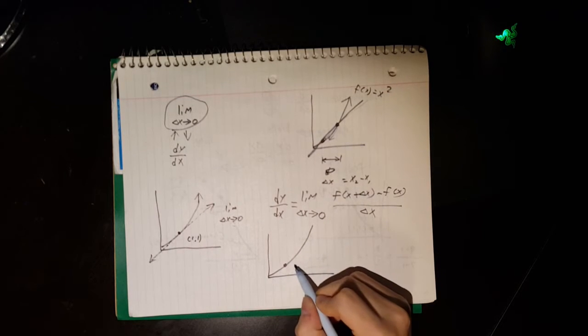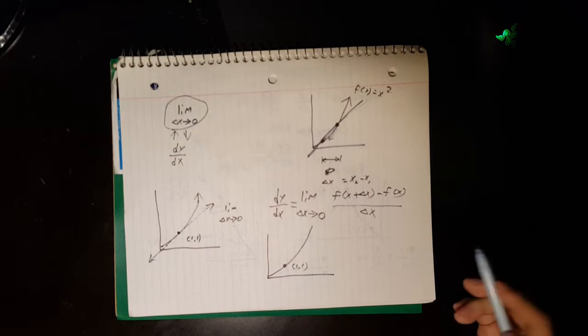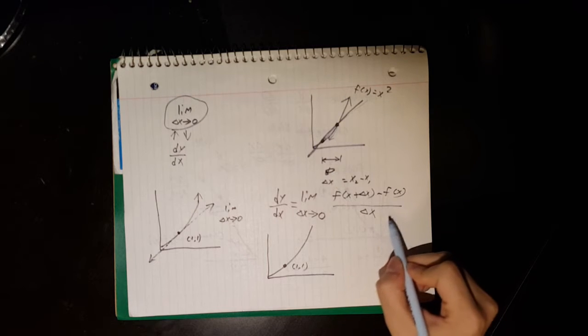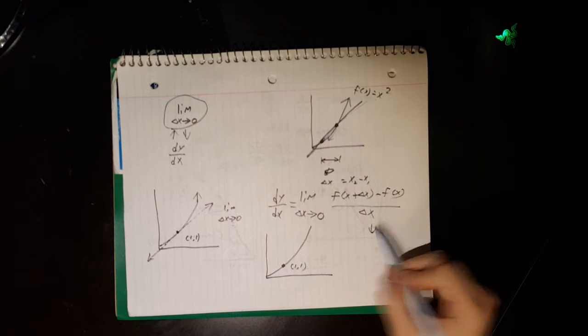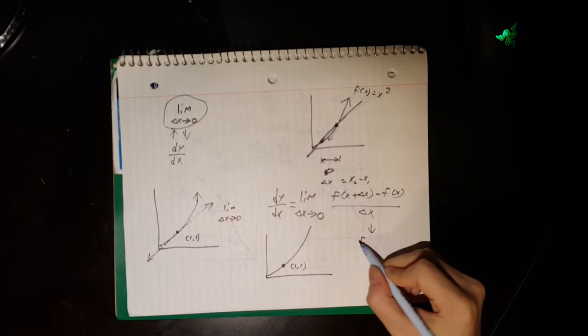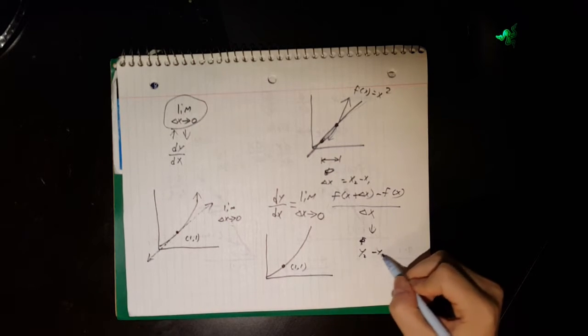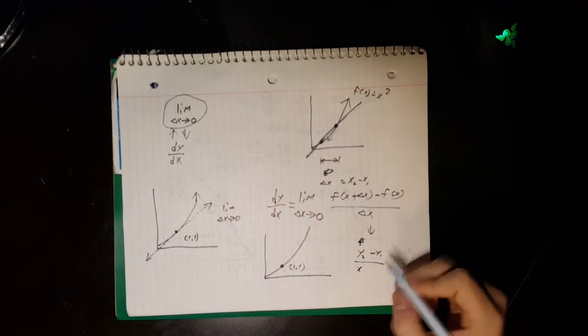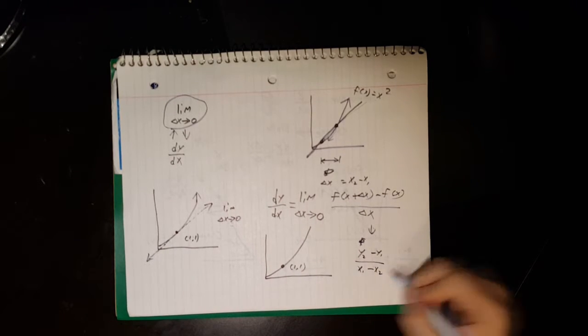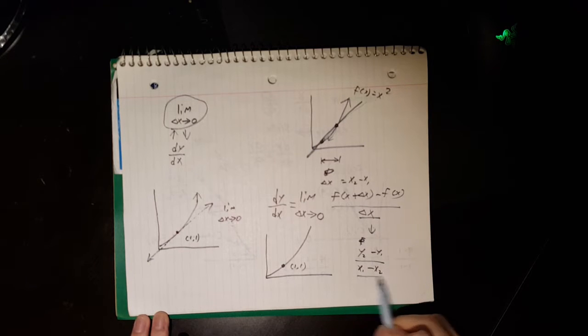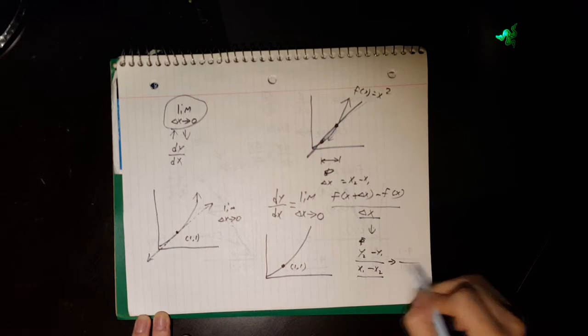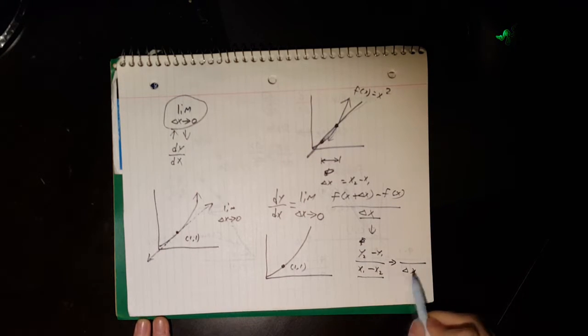Imagine we have a point, and this is a very similar form of y2 minus y1 over x1 minus x2. Now this is basically delta x.